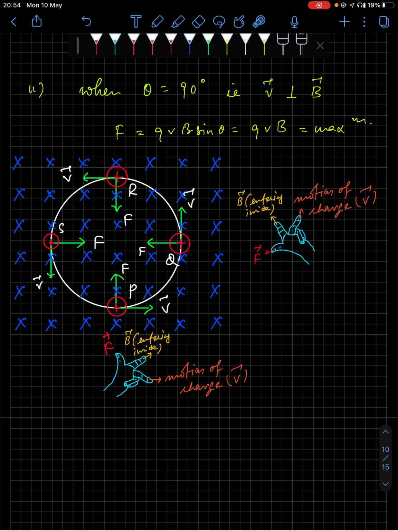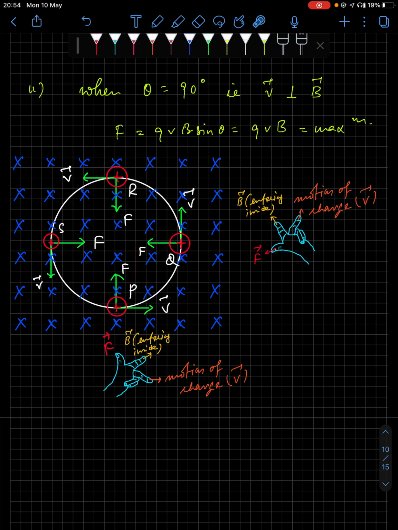Now if you see that situation with the help of a diagram, in this figure, these blue crosses are indicating that the magnetic field is entering inside the plane of the page. Now a positive charged particle is shown to move in a circular path, right? So we are actually supposed to find out the direction of the force.